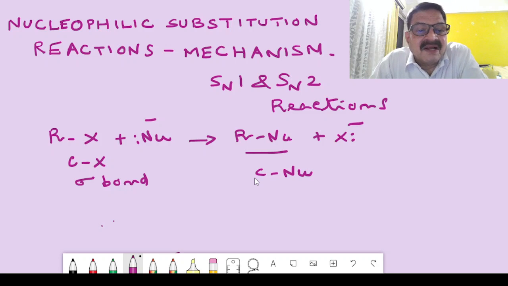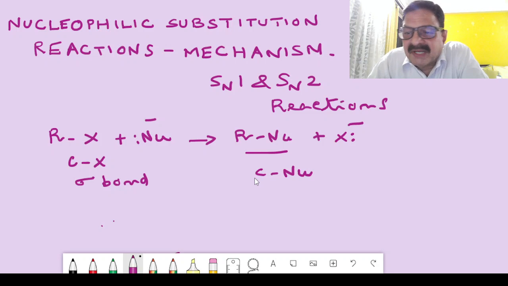The sigma bond between the carbon and the leaving group X is broken, and a new bond is formed. So this bond breaking and bond making occur at the same time. That is one possibility.